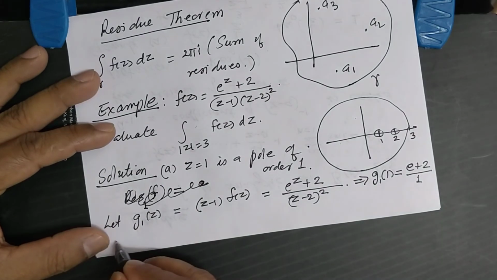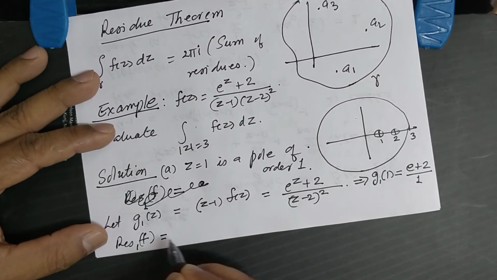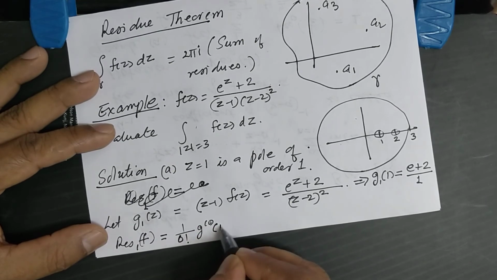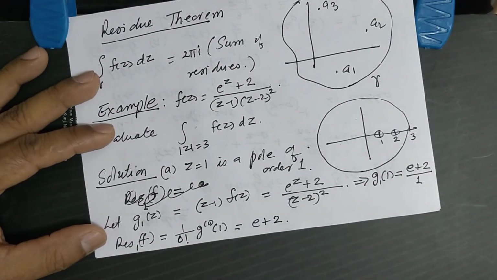So what is the residue of f at 1? The residue of f at 1 is 1 upon 0 factorial times g, no differentiation, the value of g as it is at 1, and this is e plus 2. That is the residue of the function at 1.